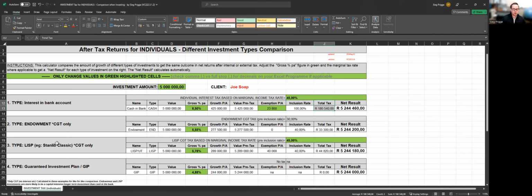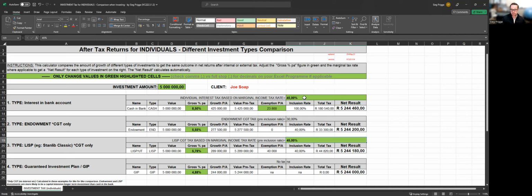On a LISP or unit trust option, you can get the same result by having a 5.78% return. Okay. Now, what's the reason for that? The endowment, you can see, has a fixed 30% tax rate with an inclusion of 40%. The LISP or unit trust option has a 45% tax bracket. In other words, it's linked to your actual marginal tax rate.